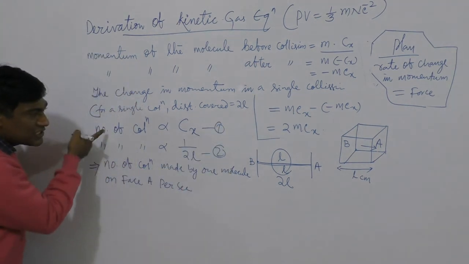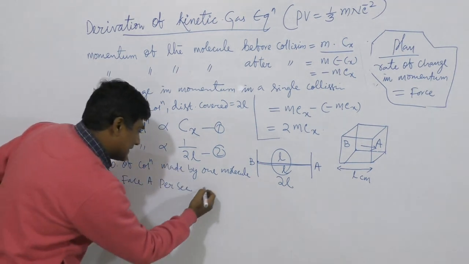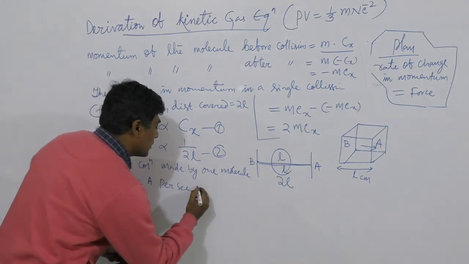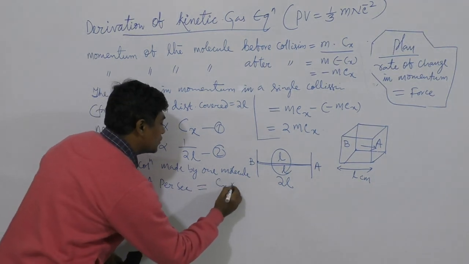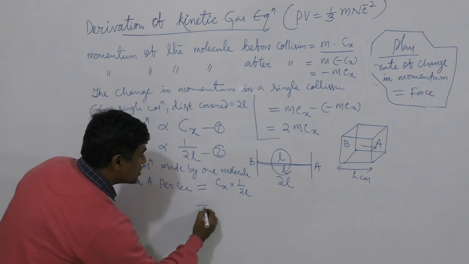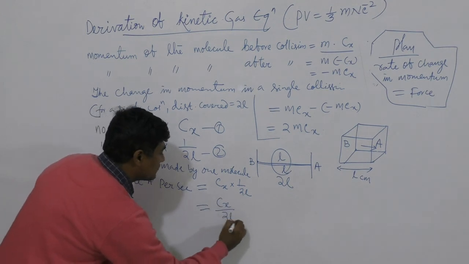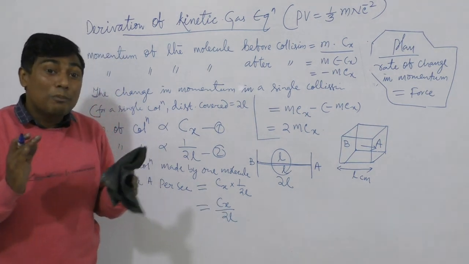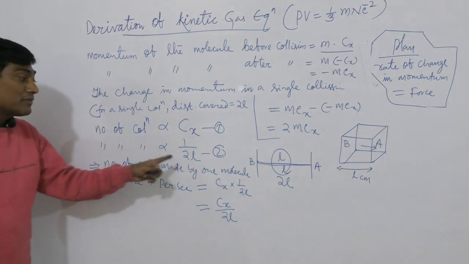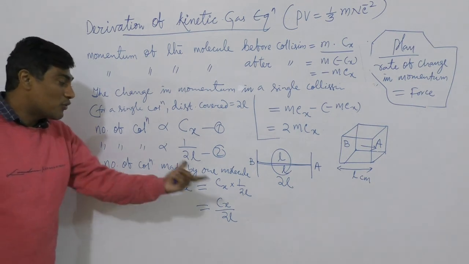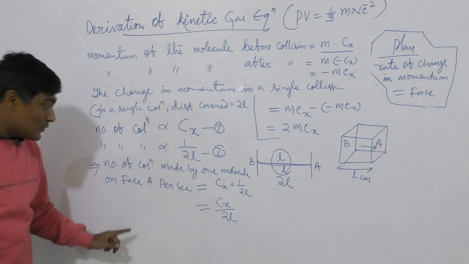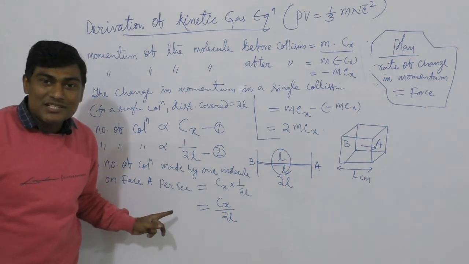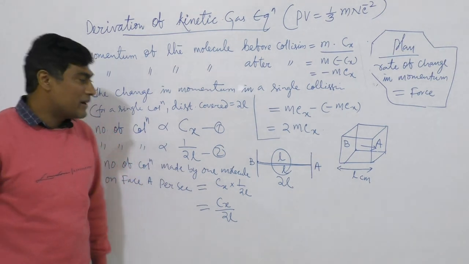Both are the number of collisions. It is directly proportional to, or we can write equal to, cx into 1 by 2L, or simply cx by 2L. That is the number of collisions made by one molecule on face A per second. So the time factor is now ready.